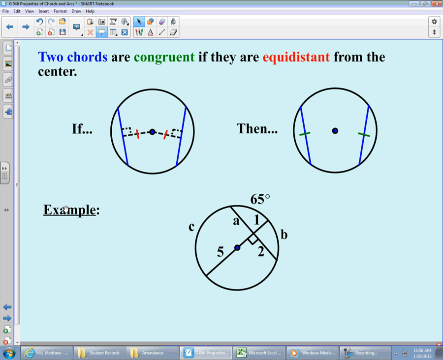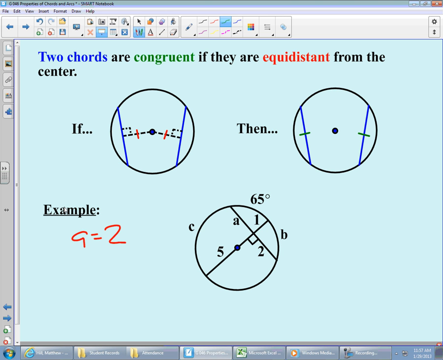One of the things it said is that the chord is going to be bisected. So if it's 2 units on one side of the intersection, then it's also going to have to be 2 on the other. Because if a diameter is perpendicular to a chord, then the diameter bisects the chord.